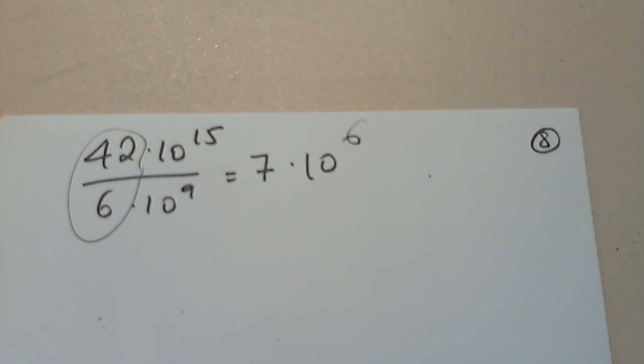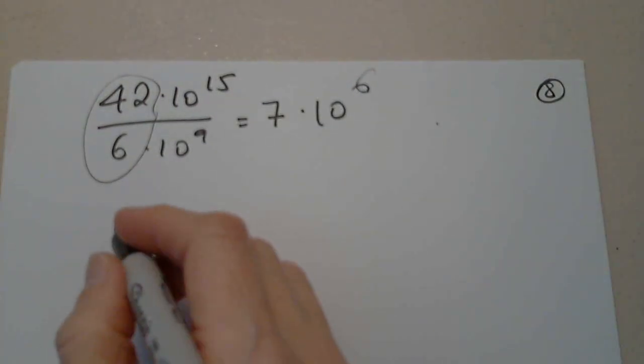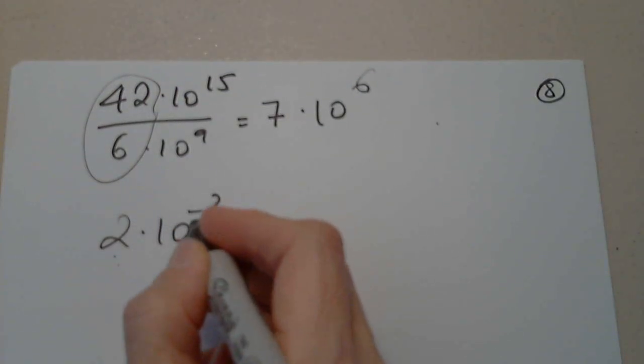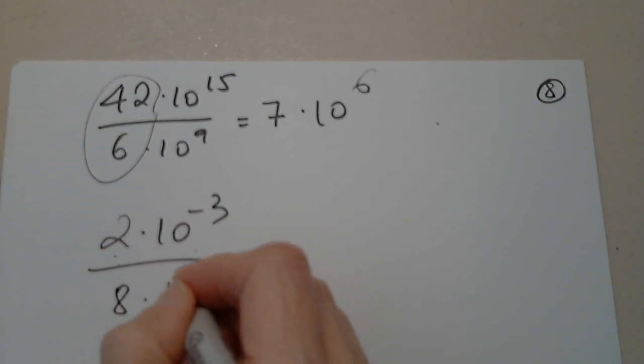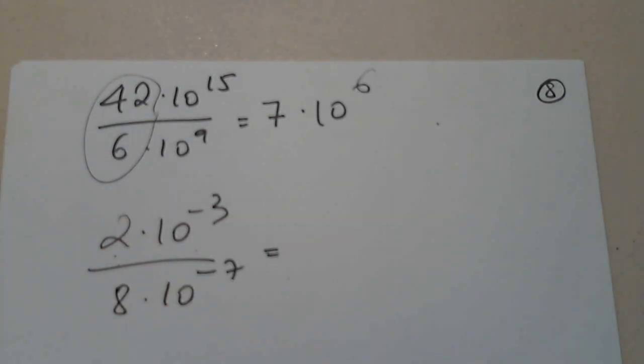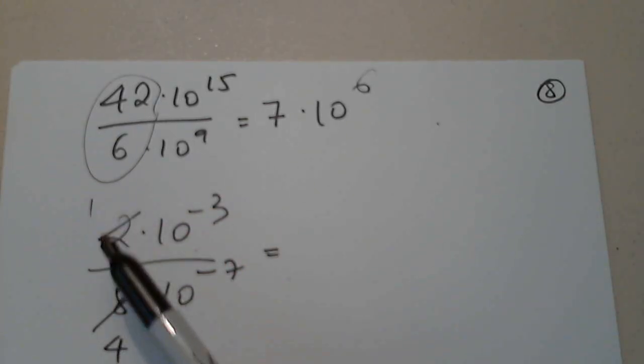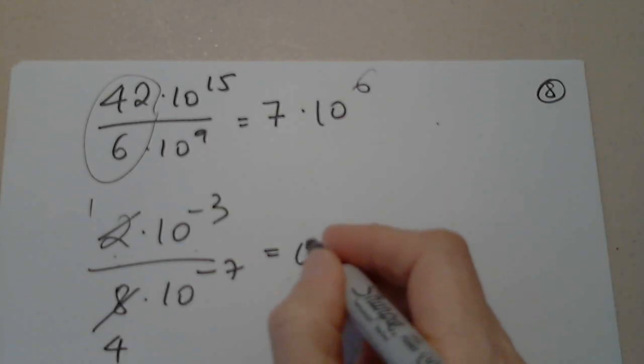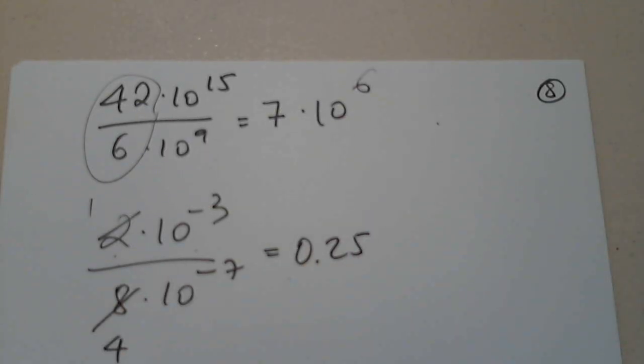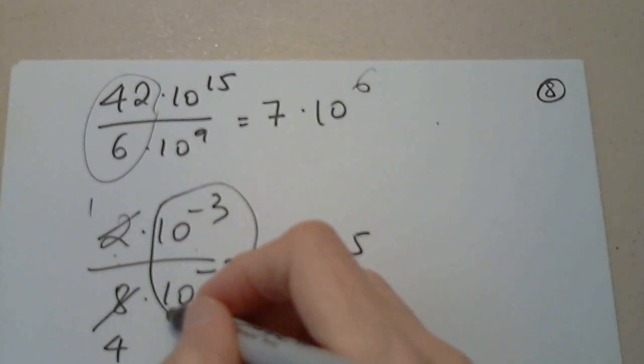Okay, yes, let's work on this one. So 2 times 10 to negative 3 over 8 times 10 to negative 7. When I simplify by 2, I know that 1/4 is 0.25. This is a quarter. Now the 10s are easy as well.